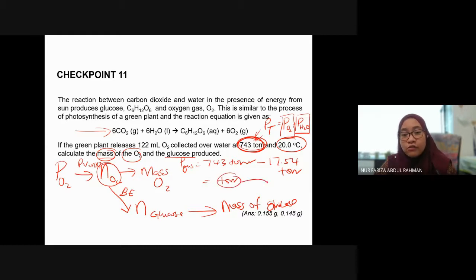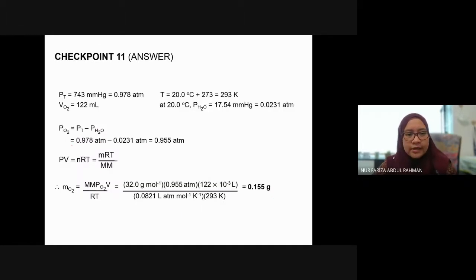And don't forget to convert into atm because you are going to be using PV and RT. So this is the first step. You have to minus. And then you can insert into the formula to find the mass. So this is the mass of oxygen.